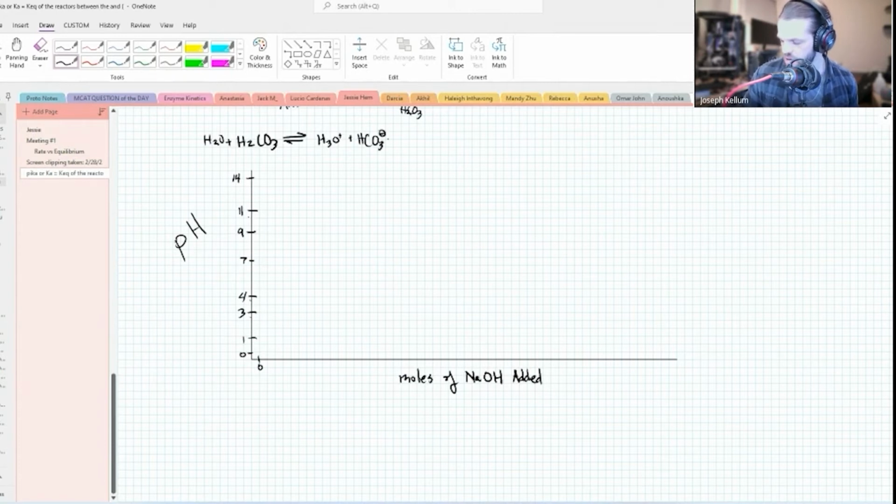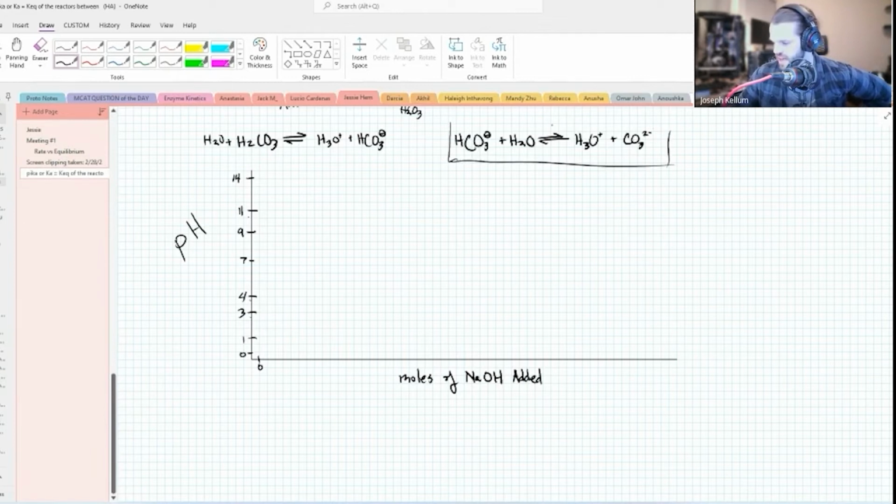And then because this is a diprotic acid, that HCO3 minus will react with water again eventually to form more hydronium and CO3 2 minus. So we've got two different reactions.